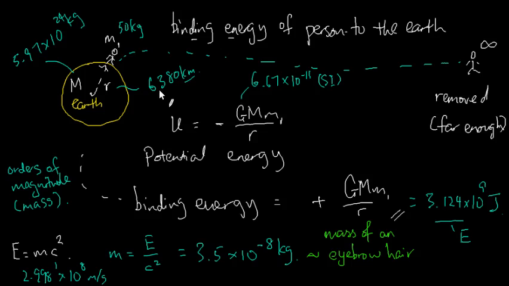If the person is moved from the Earth's surface all the way to infinity, it doesn't really have to be infinity, just far enough that the Earth's attraction is really weak, then the increase in potential energy means that the mass of the person would increase by about the mass of one hair on the eyebrow.